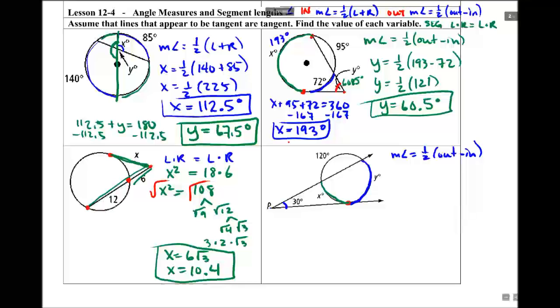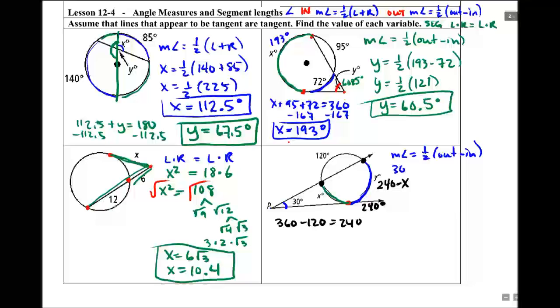Well, we know that 360 minus 120 is 240. So I know that this whole arc here is 240 degrees. So if this is 240 degrees and this one is x, then I can say that y is 240 minus x. So I can use that, and I can do the measure of my angle.